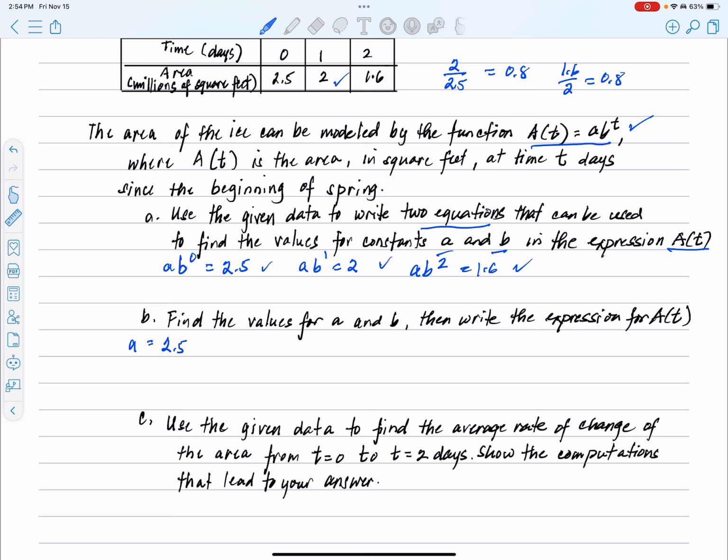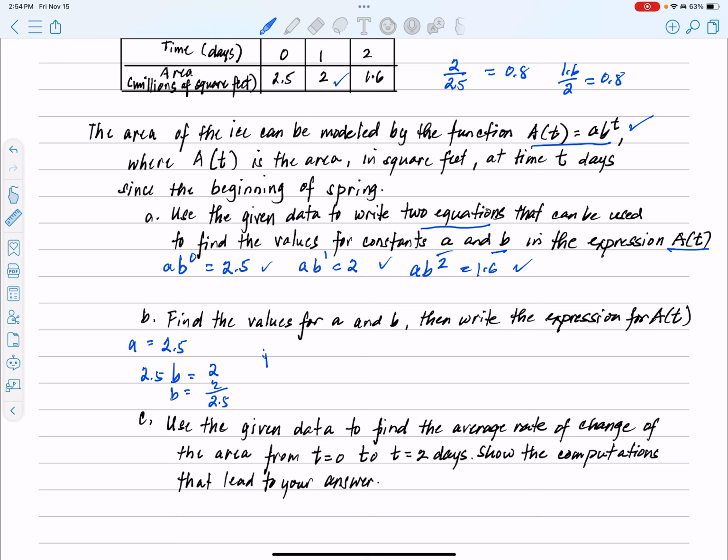Then 2.5·b equals 2, so b would be 2 over 2.5, which equals 0.8.